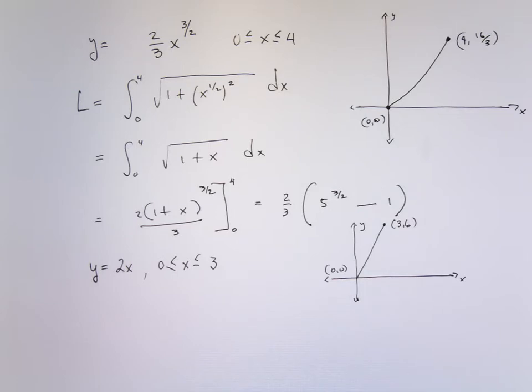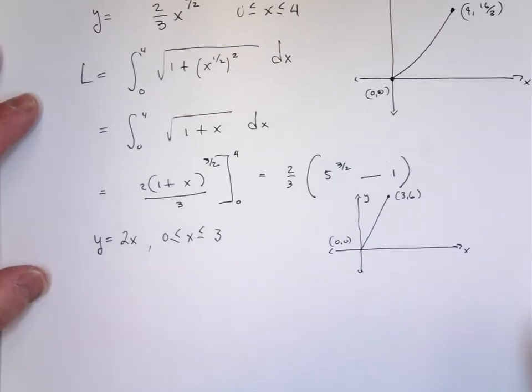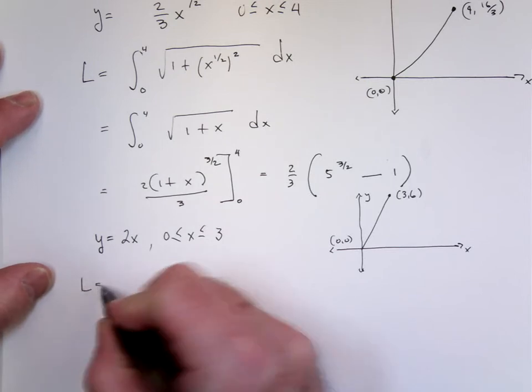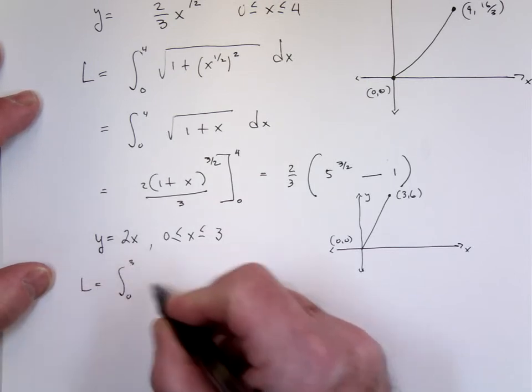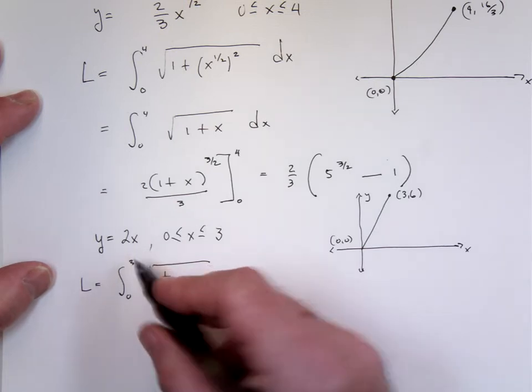Okay, let's take a look. Well, there's 2 ways to do the problem. One is with the calculus, and the point was to do an integral and use arc length. So let's do it that way first. Not the best way, but let's do that way first. Arc length is equal to the integral from 0 to 3, square root of 1 plus the derivative squared, dx.